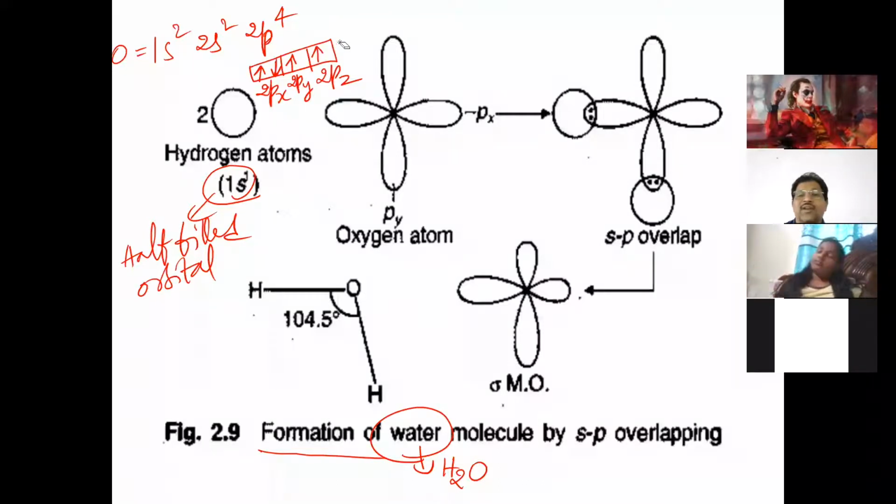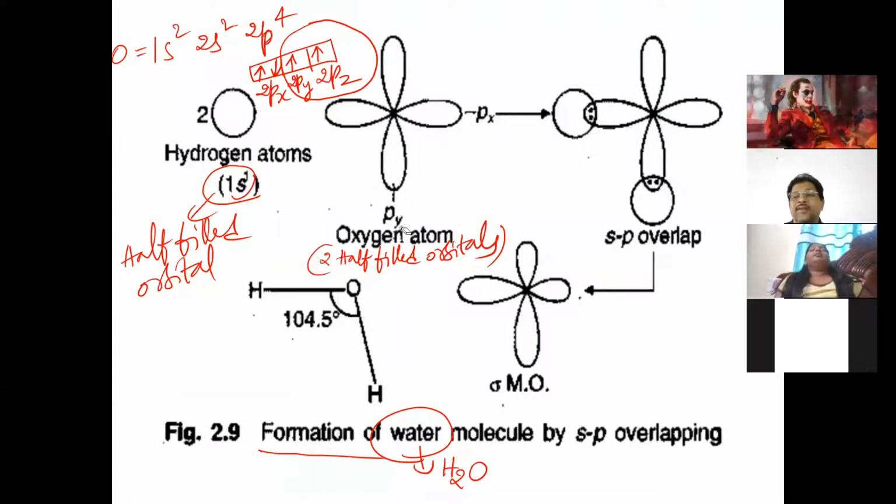Now in oxygen, how many half filled orbitals? 2. So 2 half filled orbitals are present in the oxygen atom and 1 half filled orbital in the hydrogen atom, the 1s1.